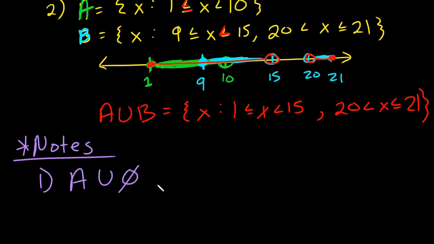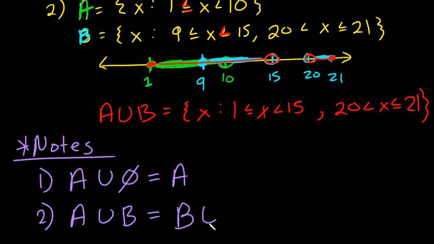No matter what A is, if it's A or the empty set, since the empty set is empty, the union is just going to be whatever A is. Next, regardless of what A and B are, the union of A or B is the same thing as the union of B or A. They are identical.